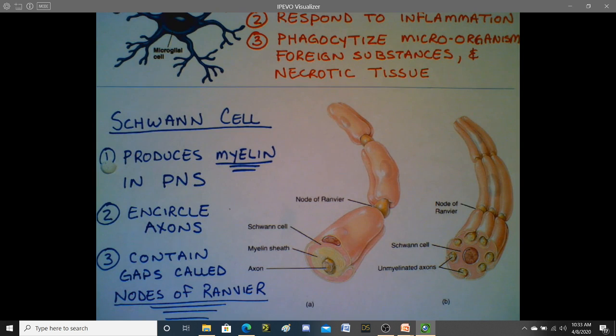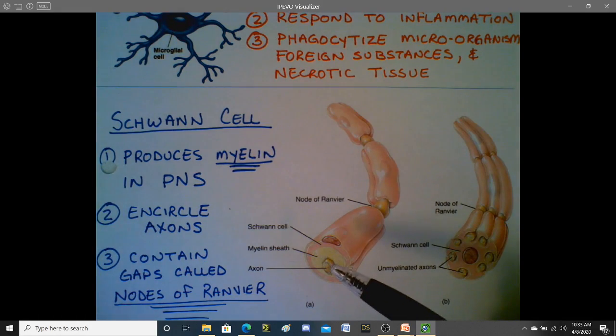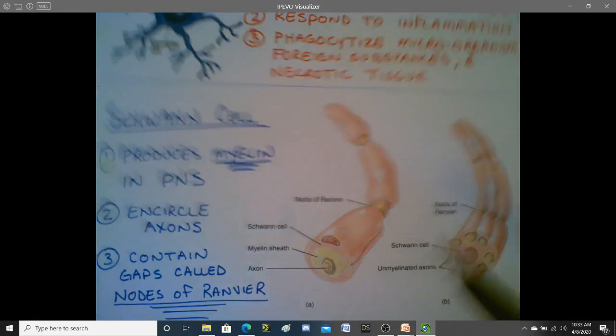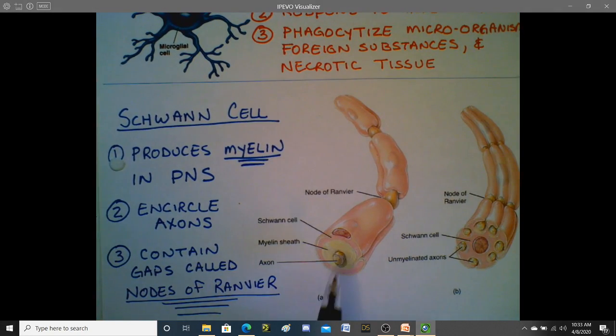So the oligodendrocytes are going to make myelin in your central nervous system, your brain and spinal cord, but the Schwann cells are going to be making myelin in the peripheral nervous system. So you can see here this is a picture of an axon that is in the peripheral nervous system. And the myelin is this protein wrapping around that axon.